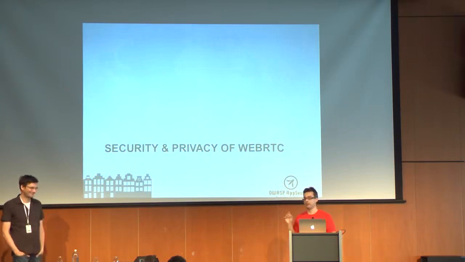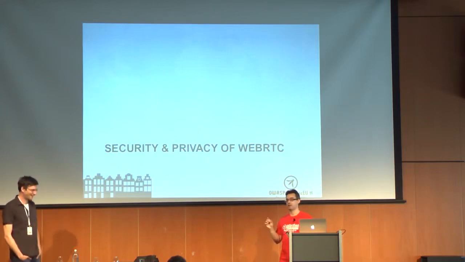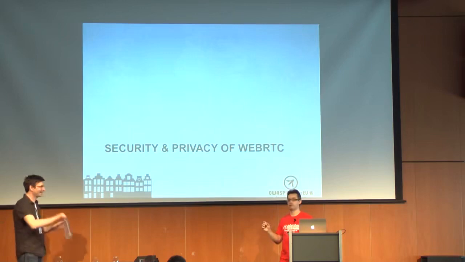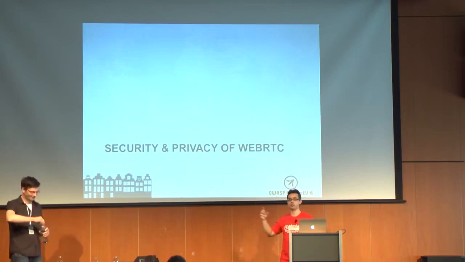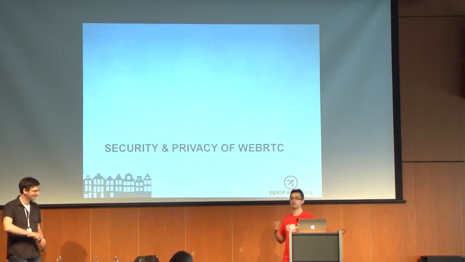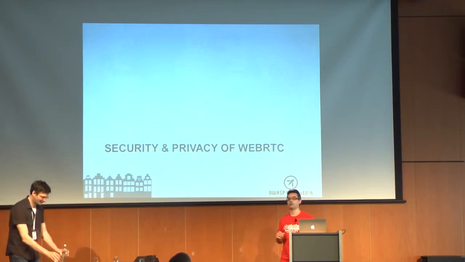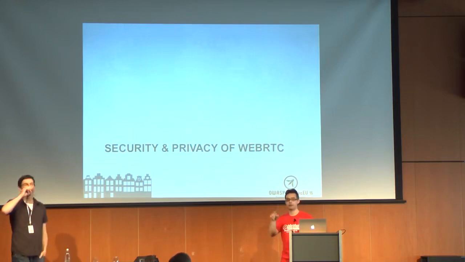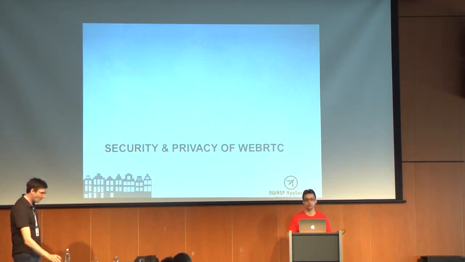But indeed, at this moment, I think it's closely related to either the browser or the signaling server, because you want to know, I want to set up this connection. You either already have an identity and the signaling server is supporting that, or the browser might help you out in identifying which identity providers you can use. But I will go into that in more detail later. I think it's a good question.